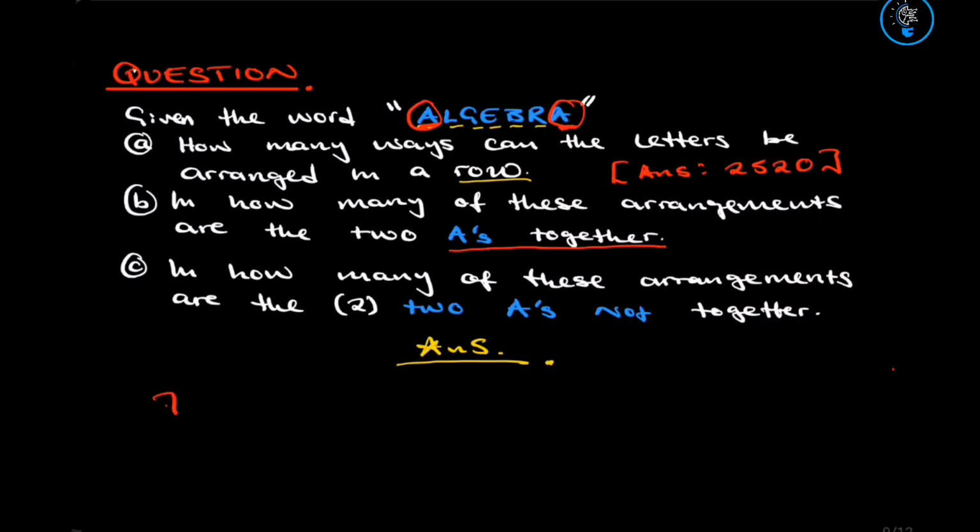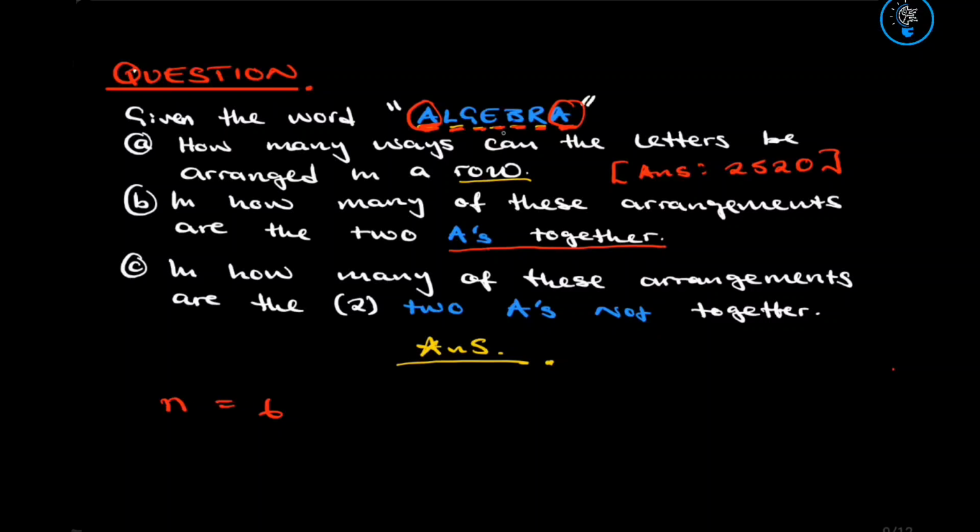So instead of having 7, we are going to have a total of 6. Let's count it. We are going to have 1, 2, 3, 4, 5, 6. We won't count this one because we've already counted A. So we are going to have a total of 6. So we are saying n will be equal to 6.